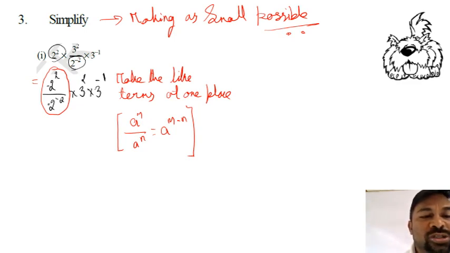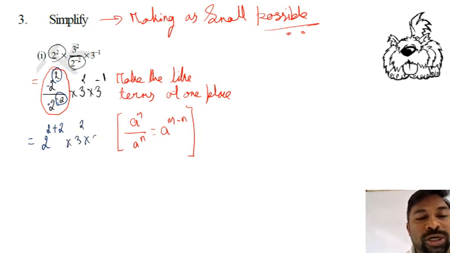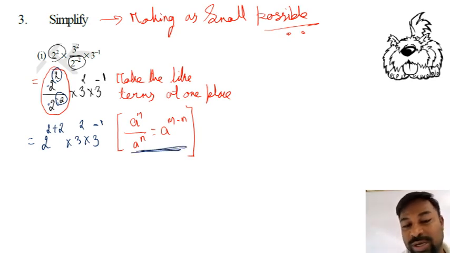The powers are 2 and minus 2. Which is the smaller one? Minus 2 is always the smaller one. Take it to the numerator. That is what I am doing here: 2 to the power 2, the minus 2 went to the top and became plus 2, of course into 3 to the power 2 into 3 to the power minus 1. So this is the formula I have applied.